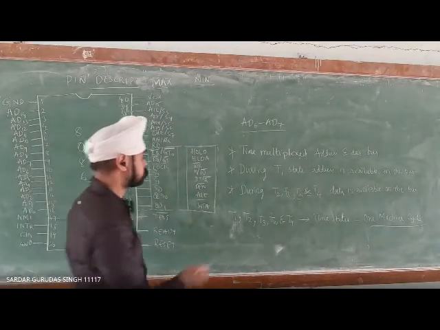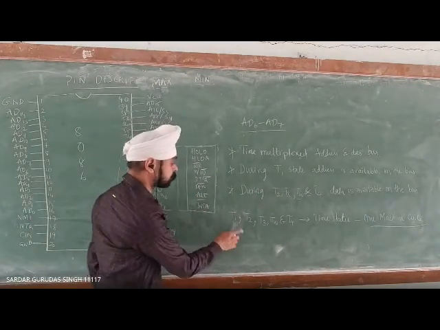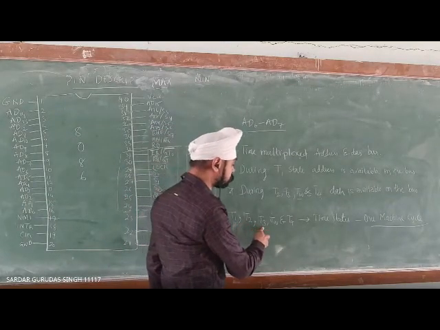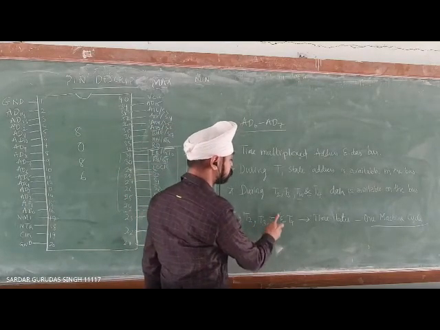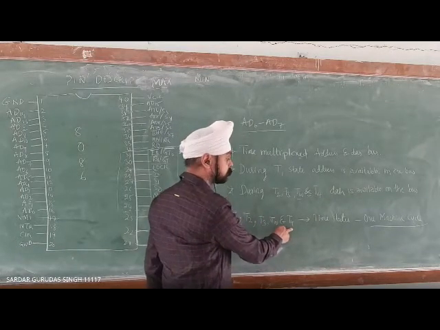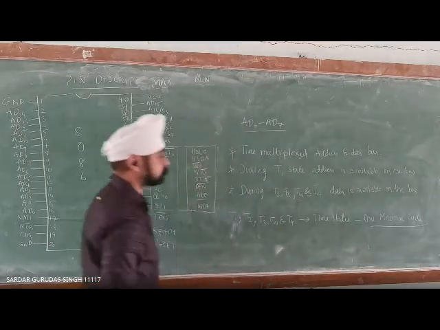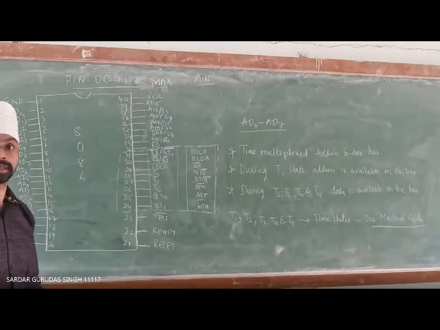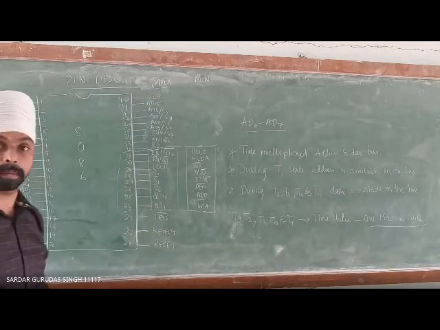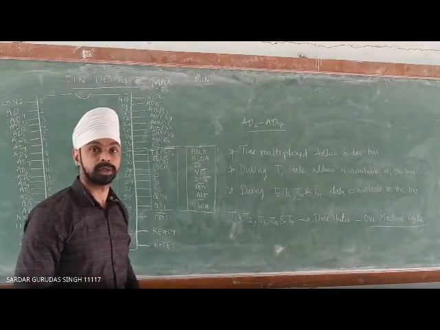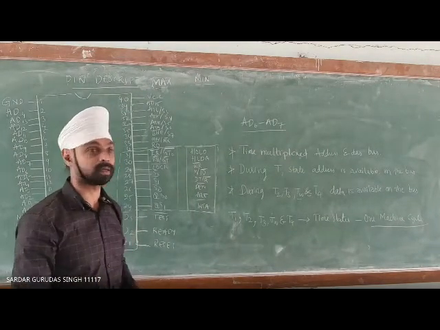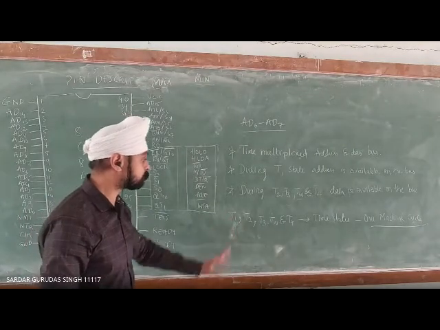Nothing but fetch the instruction, decode the instruction, fetch the operand, some delay, then execute the instruction. Machine cycle is nothing but the time required by the processor in order to access memory or input-output operation.